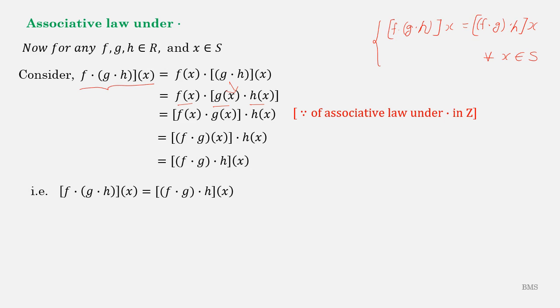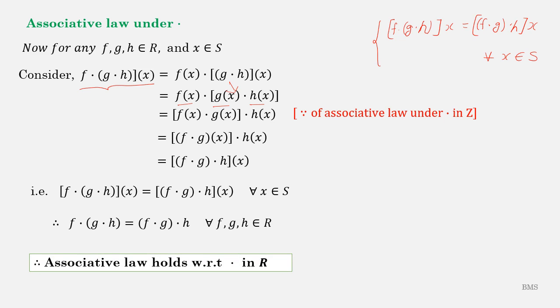Similarly, you can continue like this. So we have arrived at this point. (f dot (g dot h))(x) is equal to ((f dot g) dot h)(x). This is for all x belongs to S. So you can conclude like this. This is equal to this. Therefore, associative law holds under dot in R. This proves the associative law.